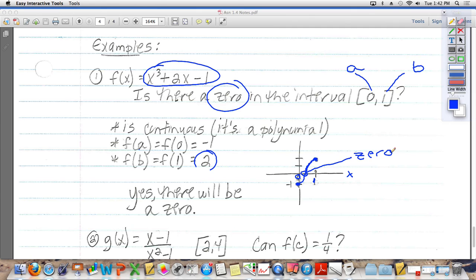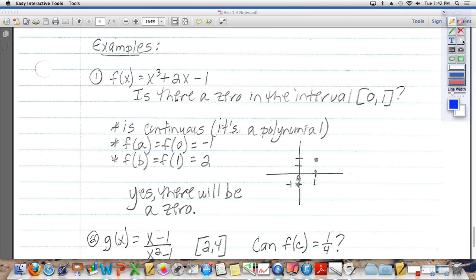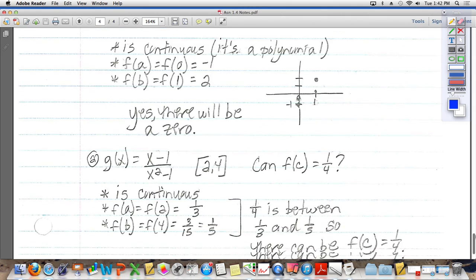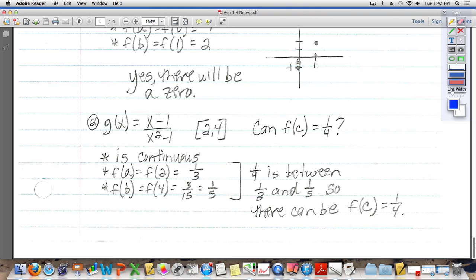All right, try one more. I would like you to get your calculators out for this example. I want you to type in x minus 1 divided by x squared minus 1. Make sure you separate the top from the bottom with parentheses.